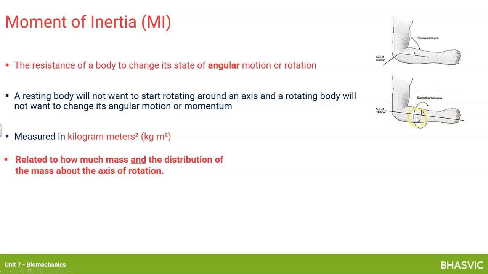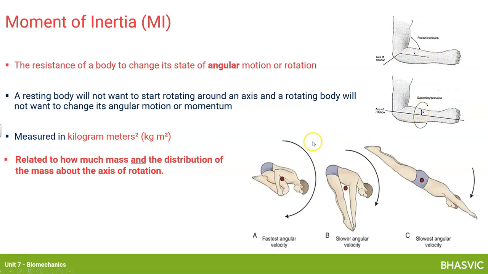The mass of the forearm is all really close to the rotational axis line, which means that for supination and pronation, the moment of inertia is relatively small, so K is relatively small compared to the flexion extension example, and therefore angular velocity can be higher.